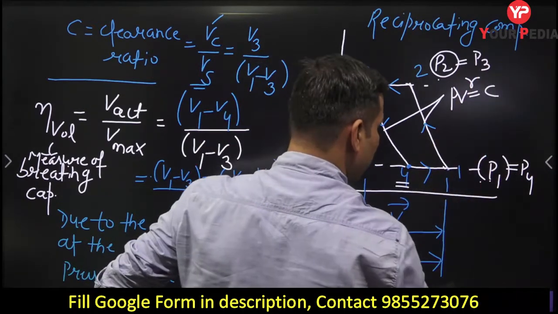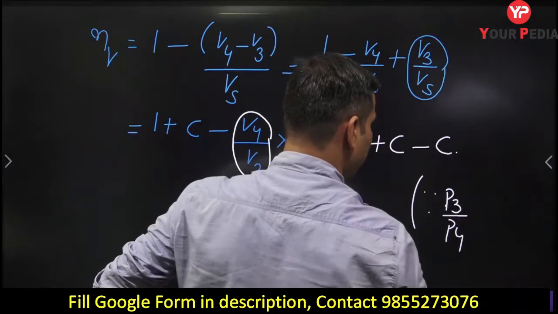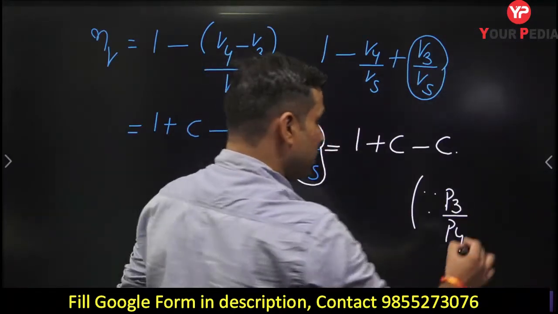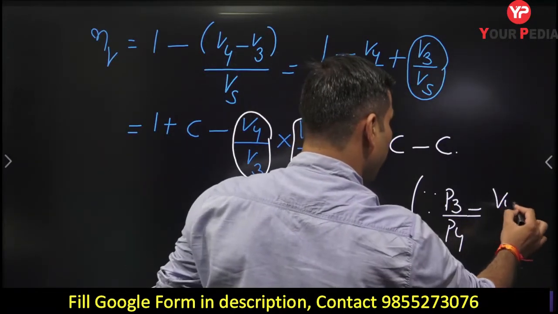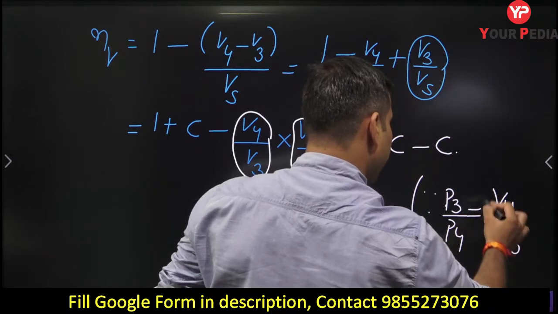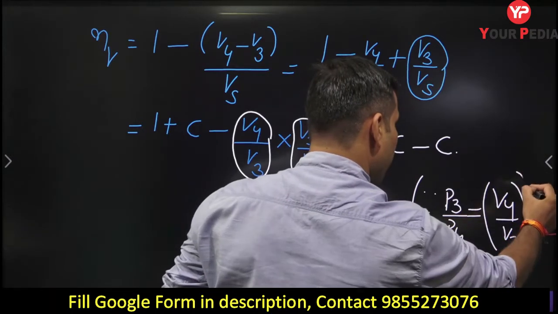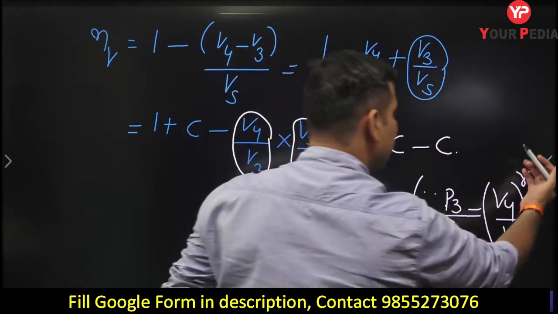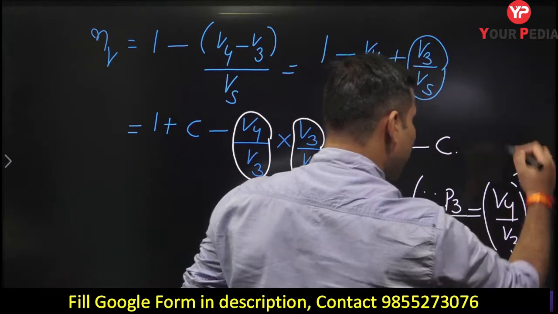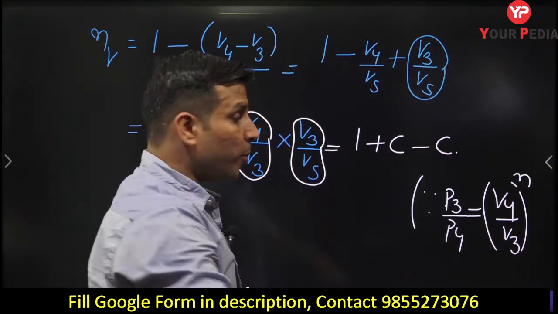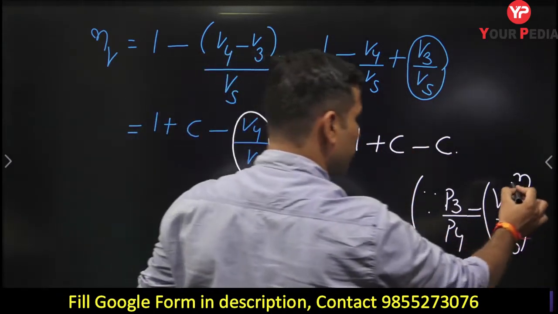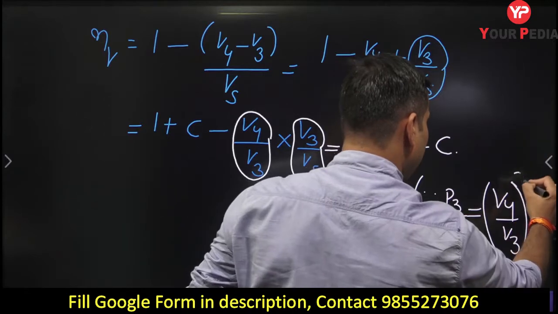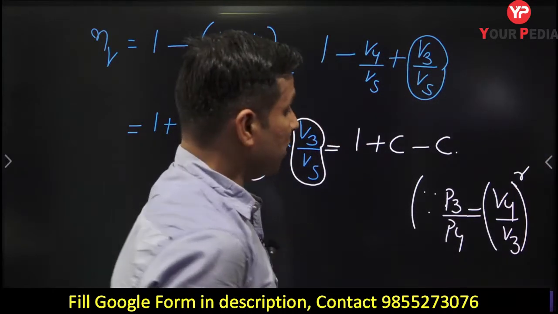So let me write it in terms of 3 and 4 only. So P3 by P4, that is equal to what? That is equal to V4 by V3 की power gamma. Yes or no? Or if you consider a polytropic process, then it will be N. For a polytropic process it will be N, for an isentropic compression process it will be gamma. So let me write it like gamma, if I am assuming isentropic compression expansion.